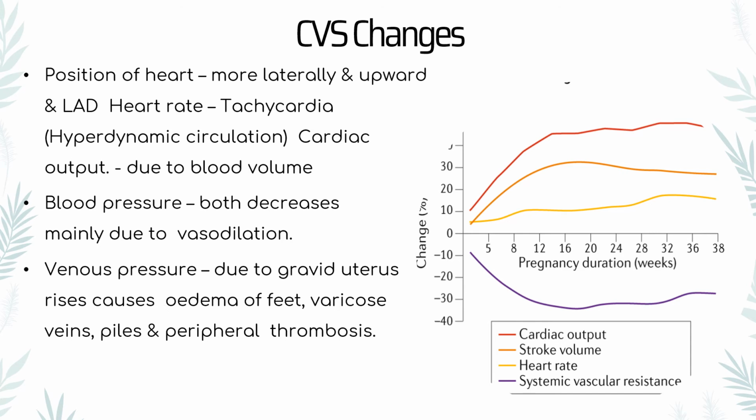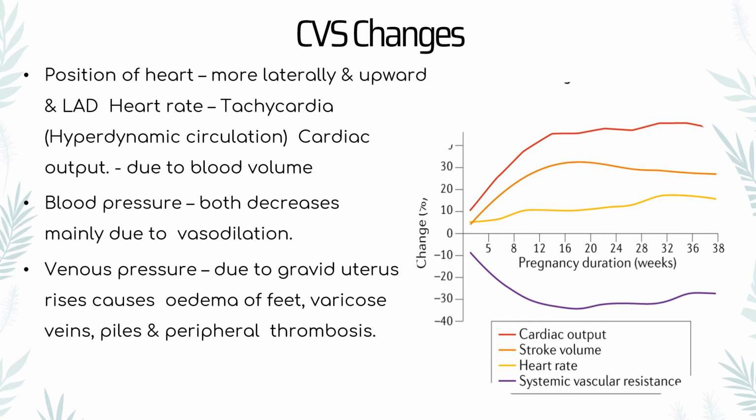And then the blood pressure. Systolic blood pressure: in normal pregnancy, there is either no change in the systolic pressure or there may be some fall in it. Diastolic blood pressure decreases by 16 to 20 weeks of pregnancy.